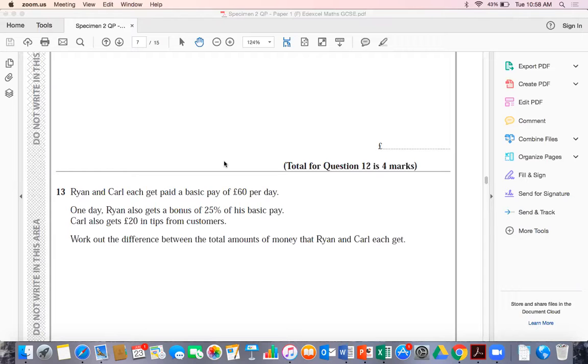Okay, let's see. Ryan gets 60 euros. Carl also gets 60 euros. Who gets the 25%? Ryan. And then Carl gets 20 euros in tips.